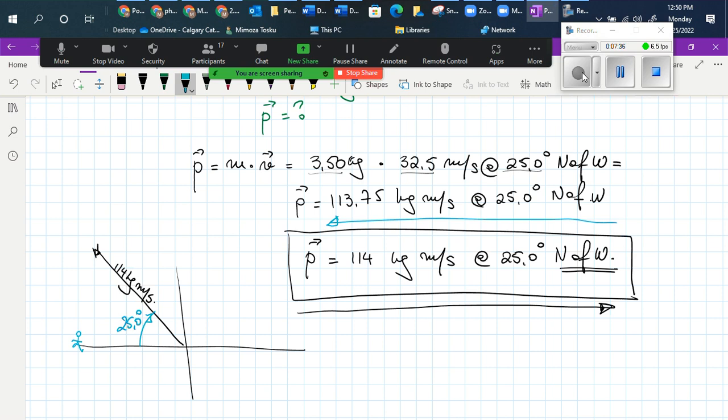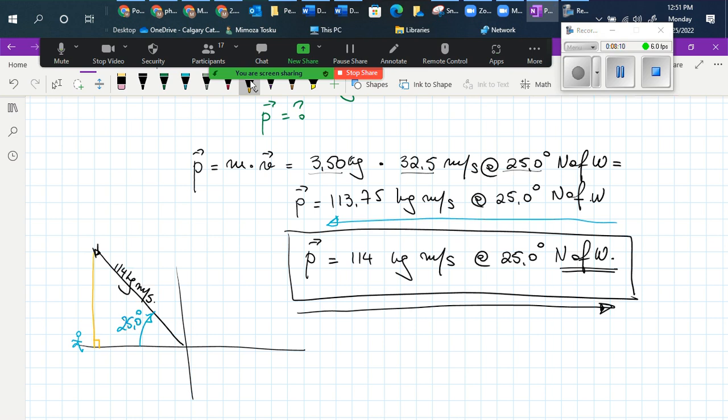Now let's figure out what is the horizontal component and what is the vertical component of this momentum. Now, when we are doing this, we are working as this is a simple vector, as what we have done all the way up to when we were doing the science basics questions. So we are creating a triangle, a right angle triangle that includes the given angle.